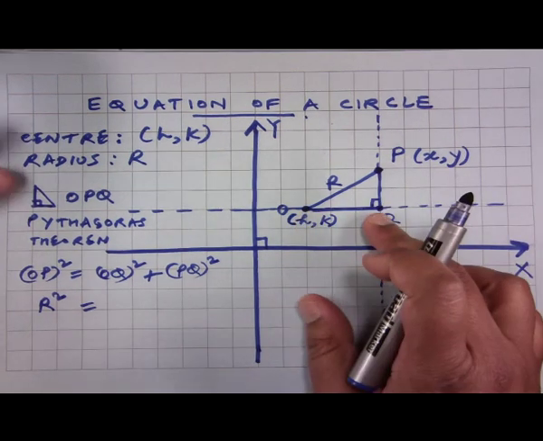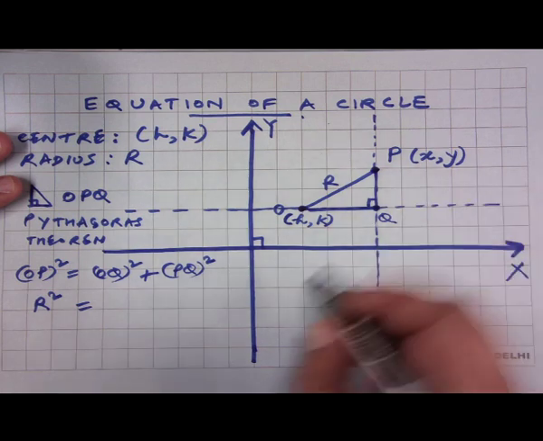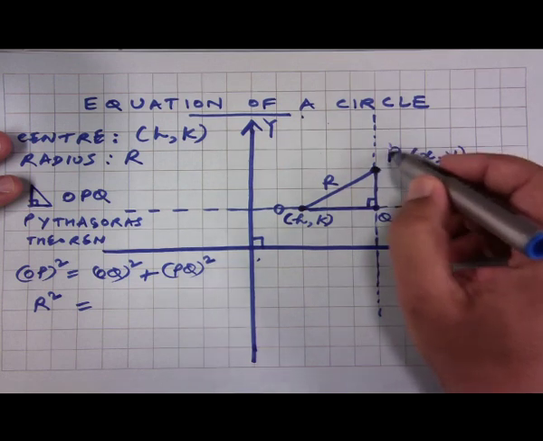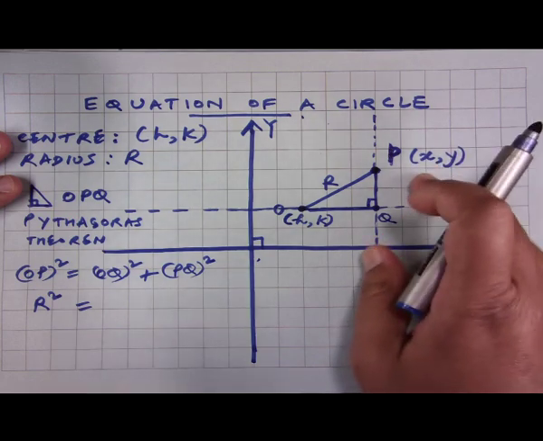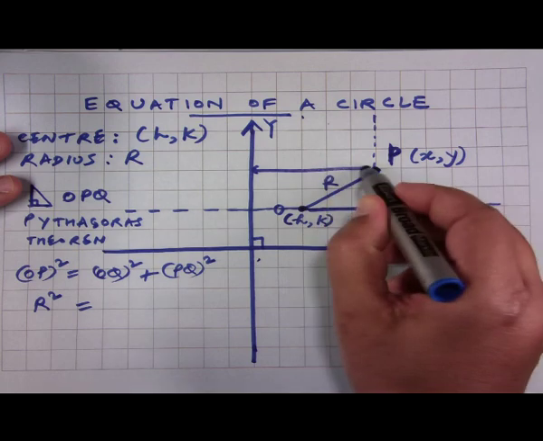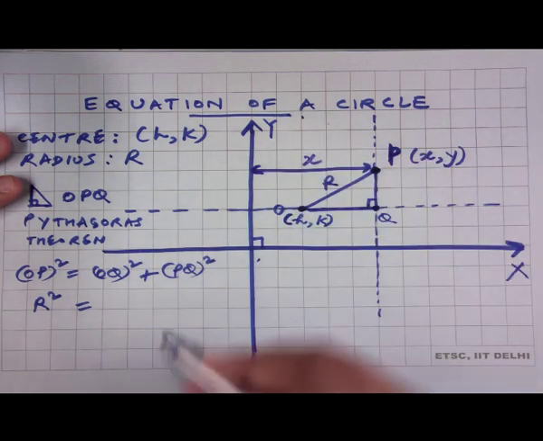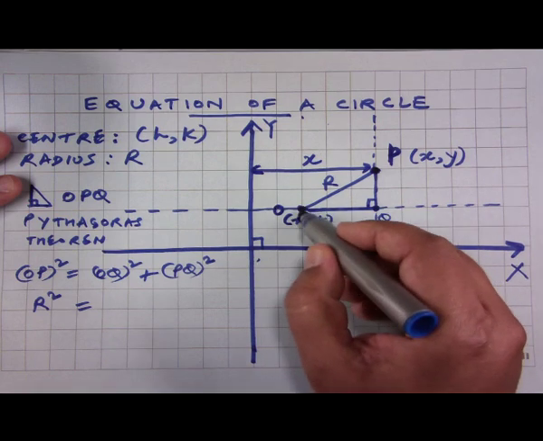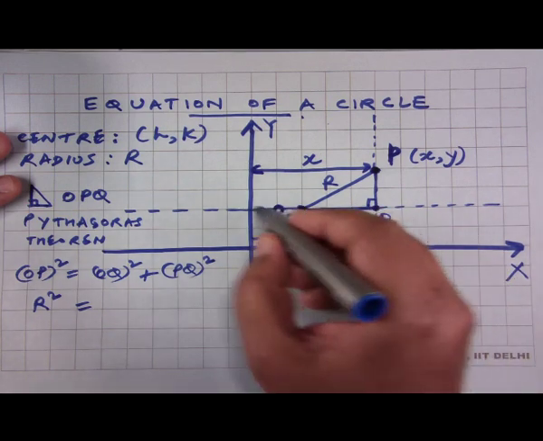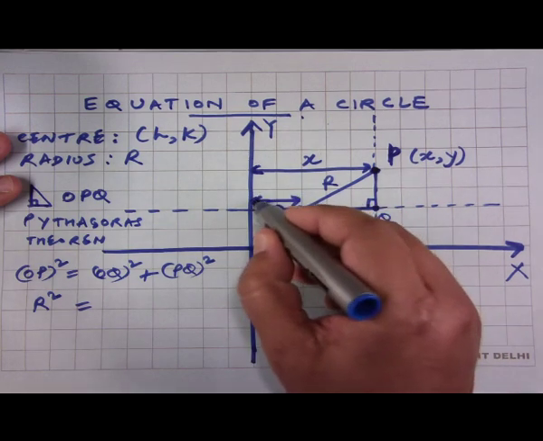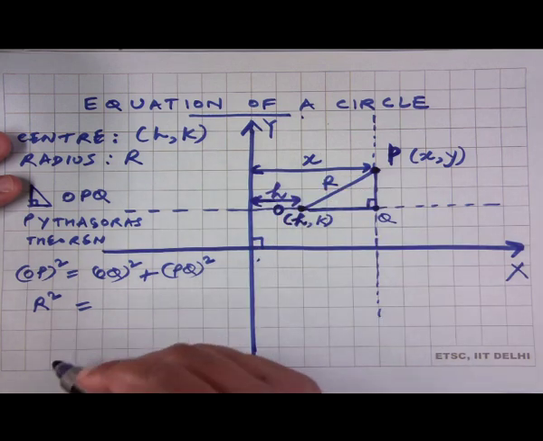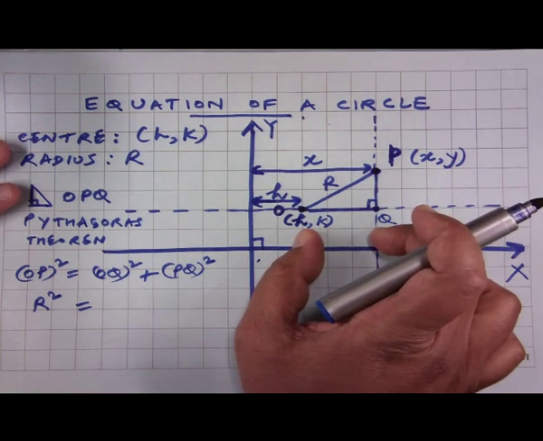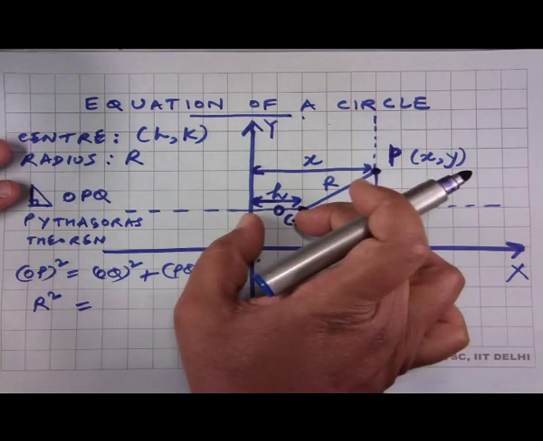How much is OQ square? If we see, because the x coordinate of this point P is x, this horizontal distance is x, the x coordinate of the center O is h, therefore this distance is h, and therefore it is easy to see that OQ square will be x minus h the whole square.